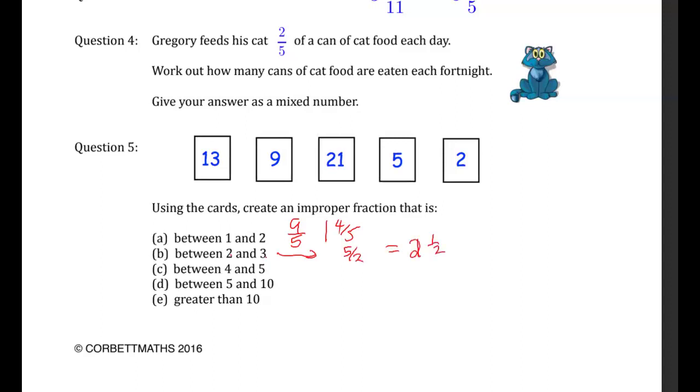Can you see? What about between 4 and 5? If you do 9 divided by 2, that gives you 4 1/2. That's between 4 and 5.